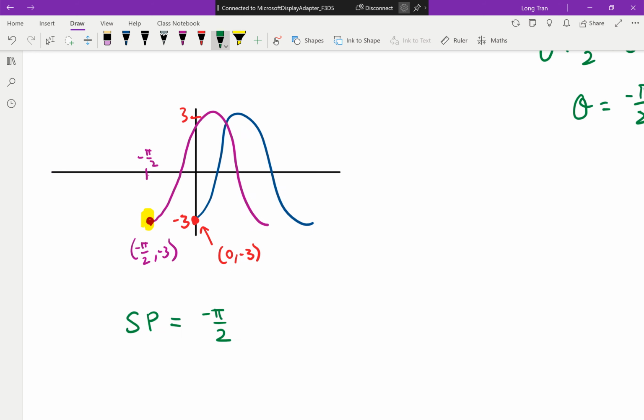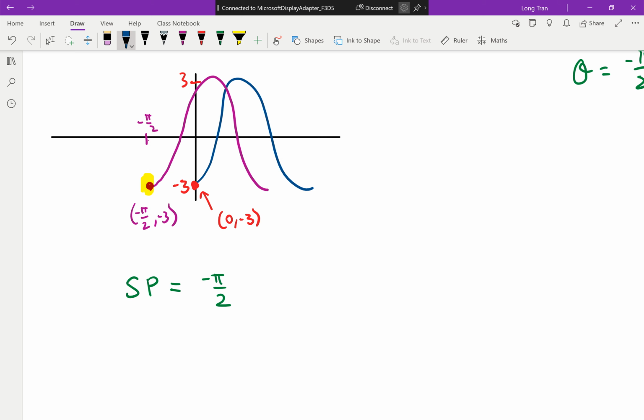We had our period before. We knew that one cycle was equal to pi, but now I'm going to teach you what we call quarter cycles. I'm going to call it QC for quarter cycles. The reason we do quarter cycles is because this graph is broken up into 4 key points. Just like a unit circle, it goes from 0 to 90 degrees. So your cos graph from 0 to 90 degrees, cos of 90 gives you 0.